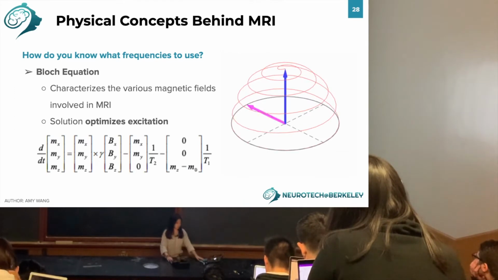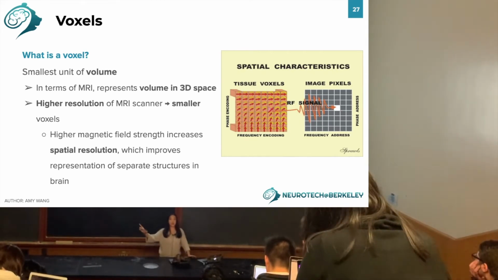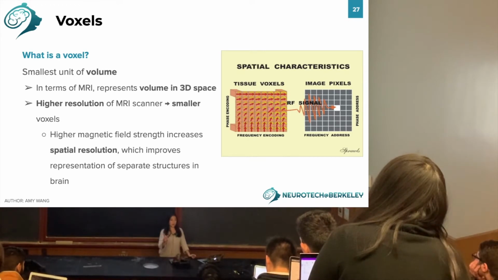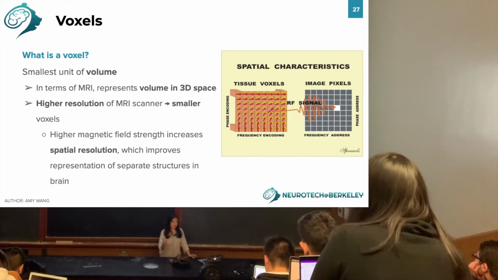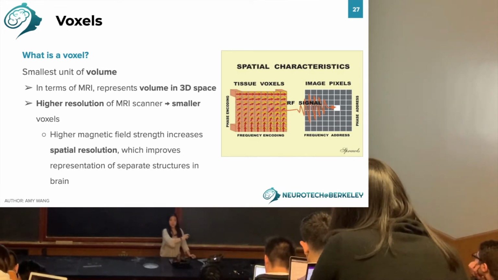A voxel is a term that's used a lot in MRI. It's a little bit of vocab here, but it's the smallest unit of volume, and a voxel basically translates into a pixel in terms of an image. So it's a 3D volume in space, representing a pixel of tissue.